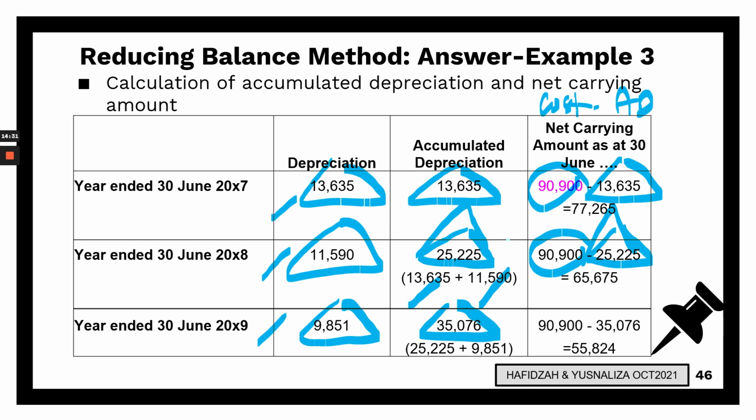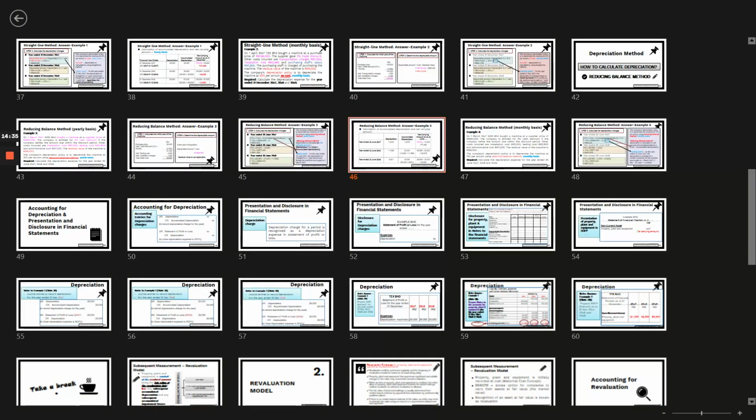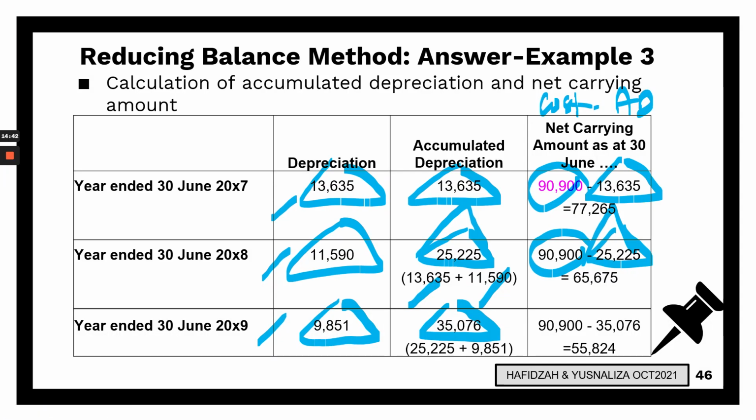Alternatively, you can take 25,225, just get my pen, a different color for you. This one, 25,225 plus 9,851, you get the same here.